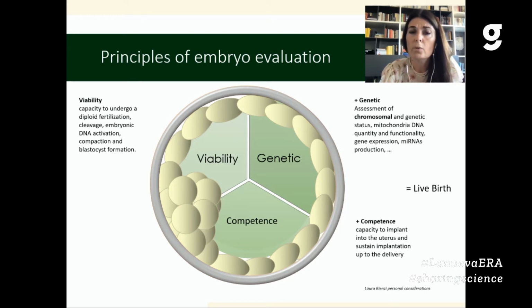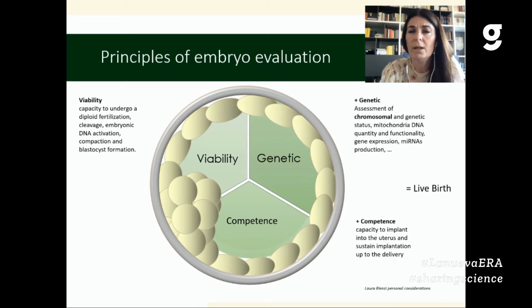Then you can move to the genetic testing and assess, for instance, the chromosome copy number, which is the aim of a PGT-A procedure. But this is not enough. We know that the embryo is like a puzzle, and viability and genetics are a lot. We can predict the implantation potential very well, but still, embryos that are beautiful blastocysts and aneuploid may not implant.